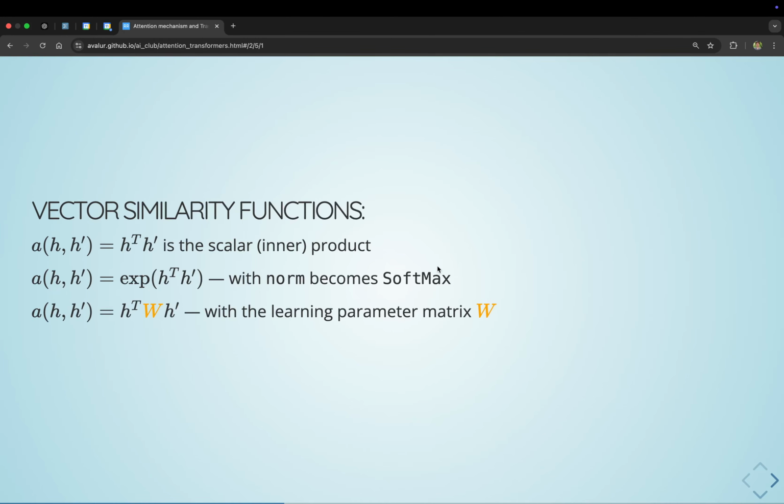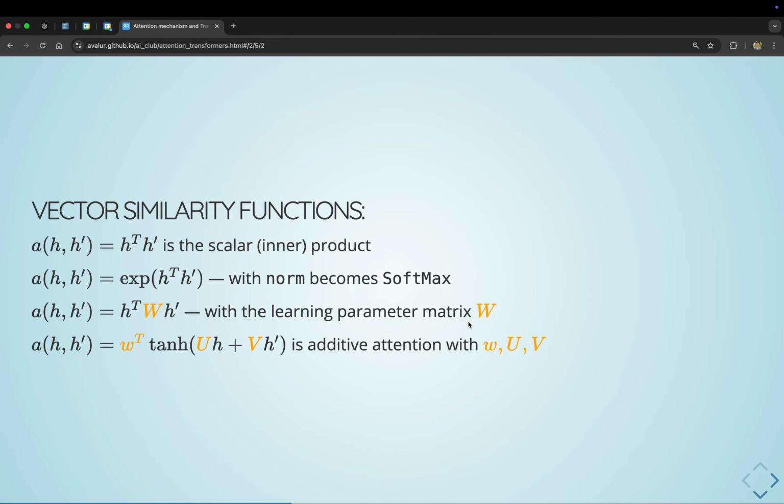And here, the third variant, we can introduce learning parameters inside this dot product. Here we simply multiply h prime first by the matrix W, and then we perform the dot product with the result, and the overall result is a number depending on the learning parameter matrix W. And this is our goal.